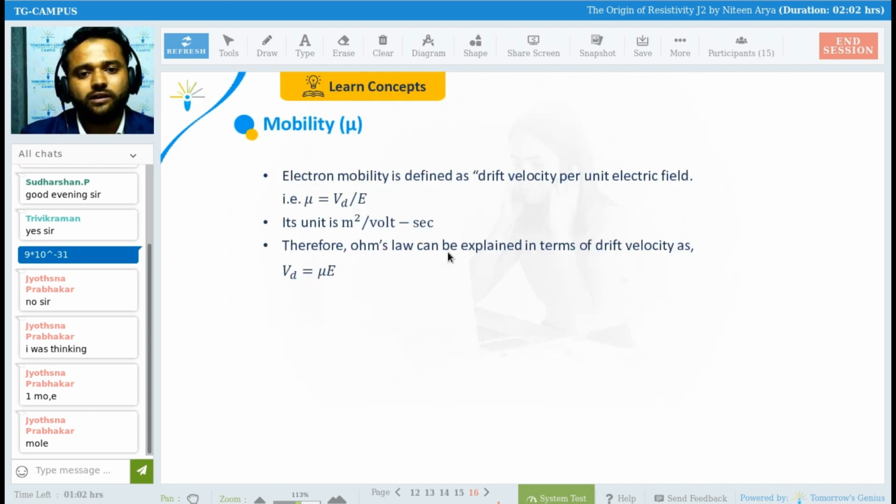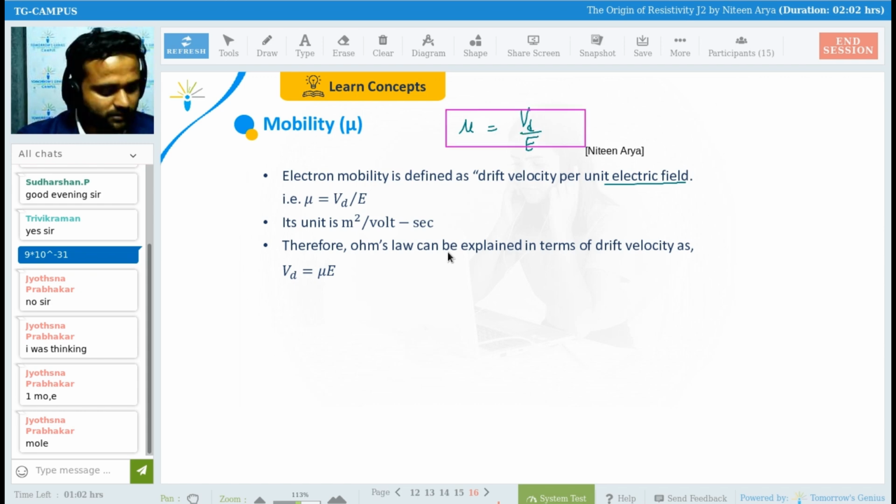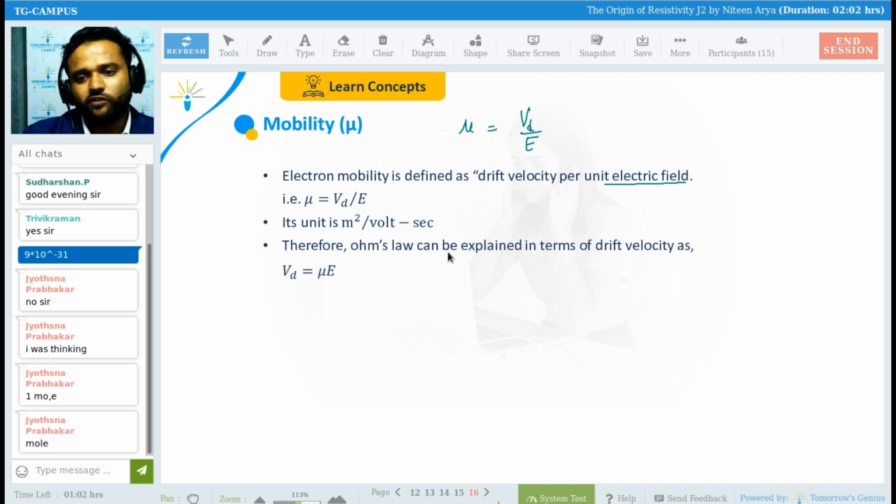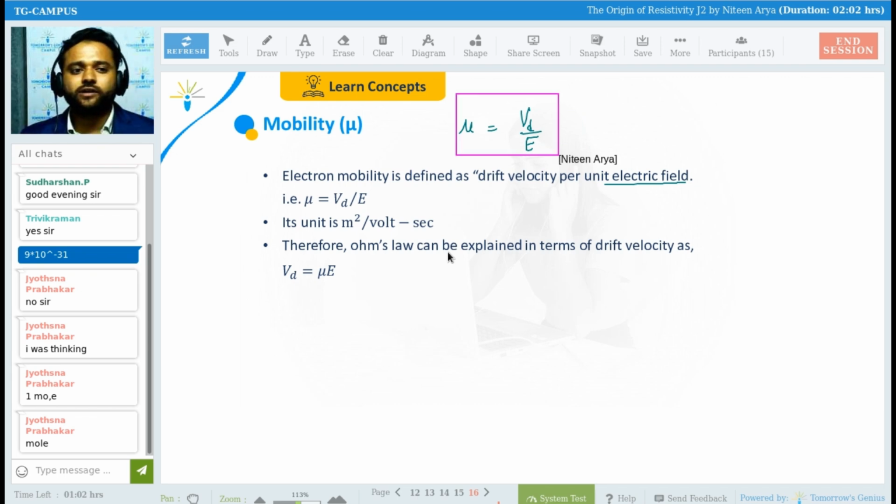This is another concept to learn, mobility. So what is mobility? Electron mobility is defined as the drift velocity per unit electric field. Simply, mobility mu is V d by E, or you can say the drift velocity per unit electric field is defined as mobility. Okay, is this clear, everyone? Basically the general meaning of mobility is how mobile your electron is.